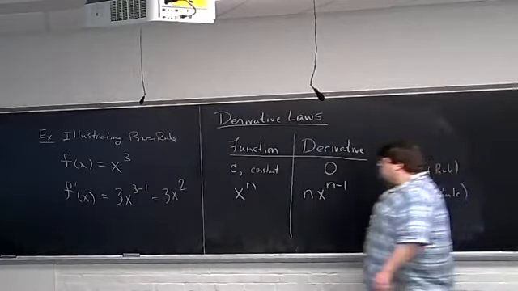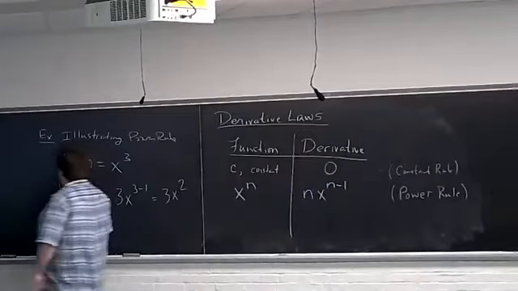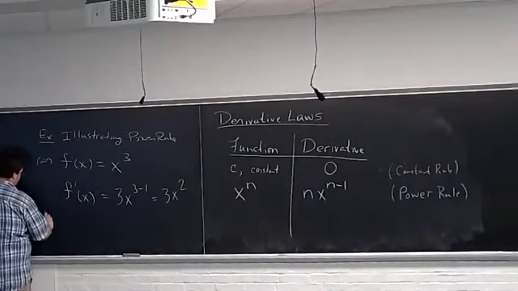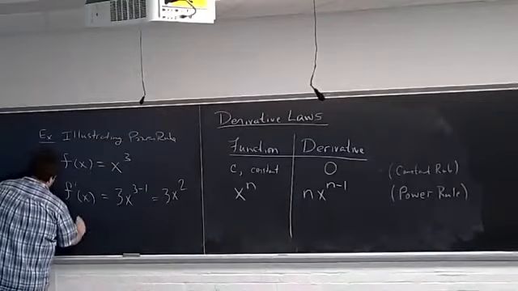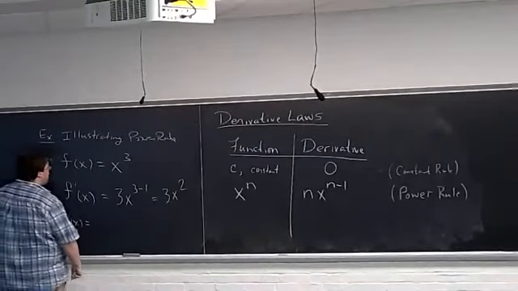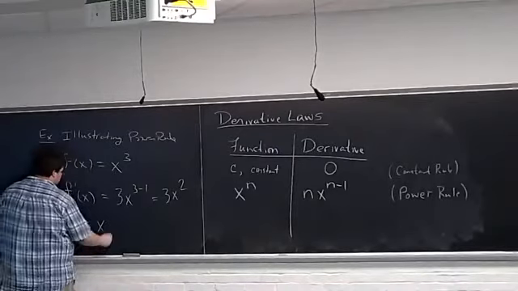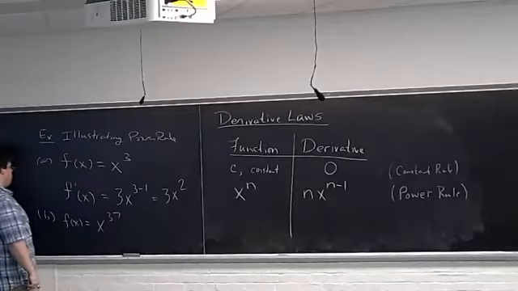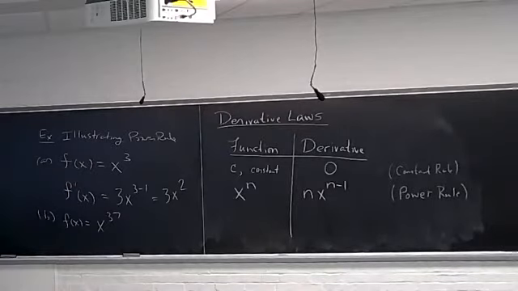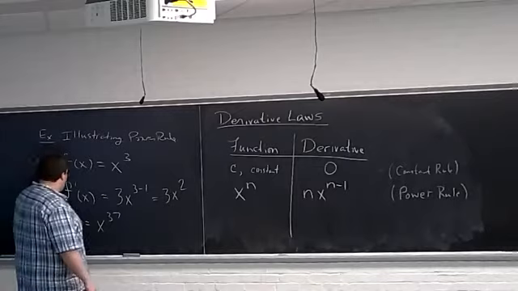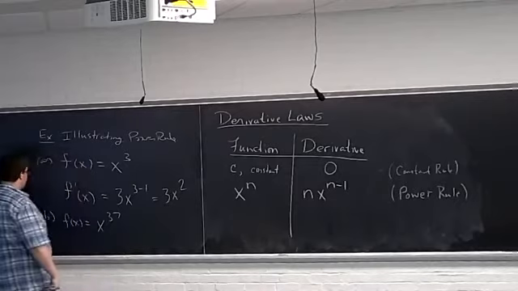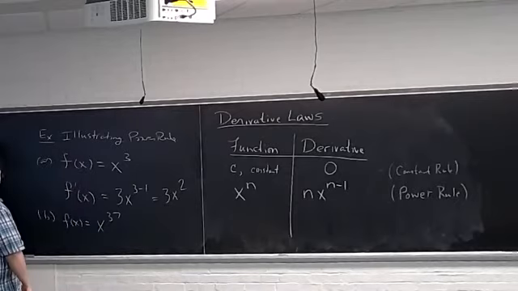Now let's do one more. Let's call that A. Let's call this B. f(x) equals x to the 37. 37 is a nice number. You could find this derivative using the definition, going down to the 37th row of Pascal's triangle, expanding everything, noticing that 36 things cancel out.